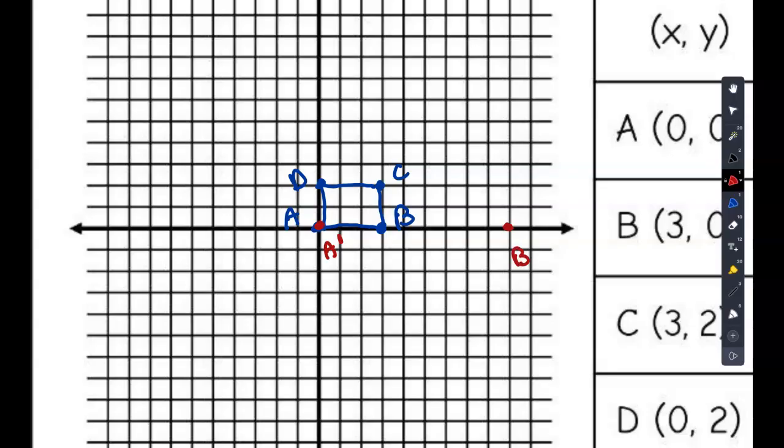And that's B prime. Next we're going to do C prime, which is over 9 and up 6. C prime. And then finally 0, 6.